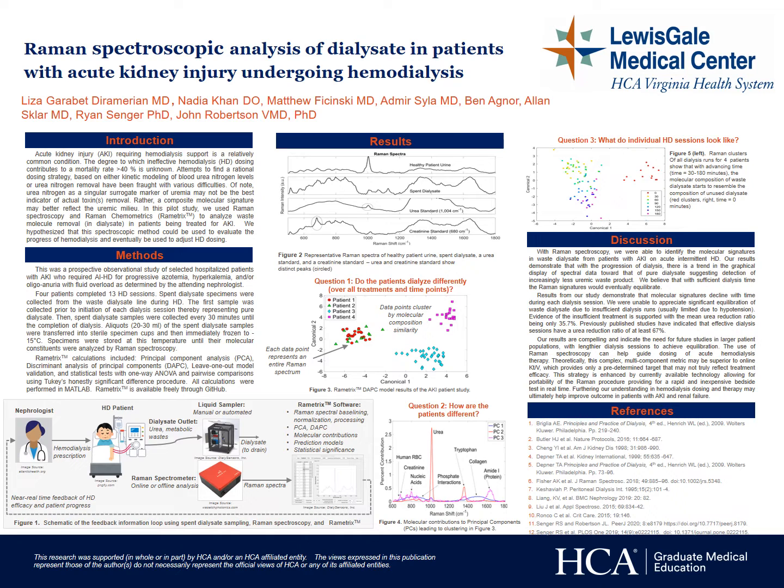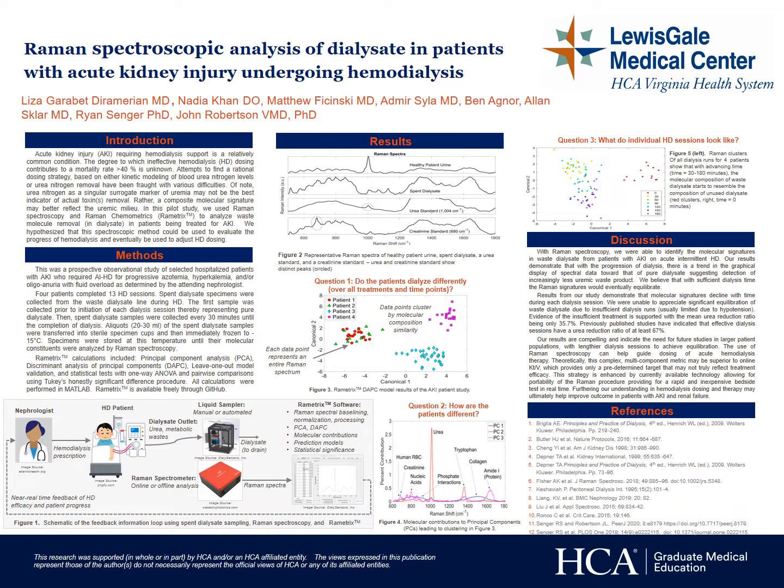Figure 4 shows the individual molecular components involved in constructing the above plot. These data reveal potential variability amongst patients in the products of uremia that are removed by hemodialysis. Figure 5 shows the change in the molecular structure of waste dialysate over time.